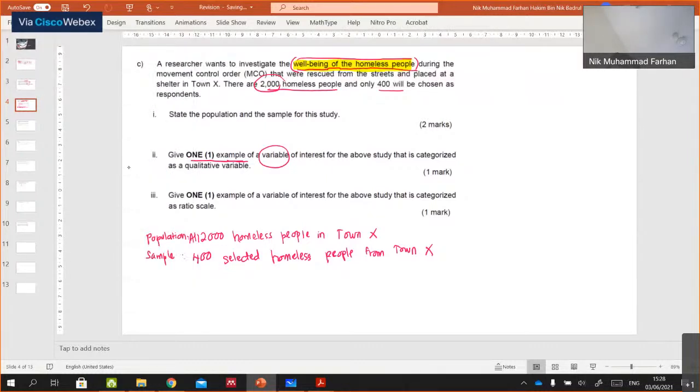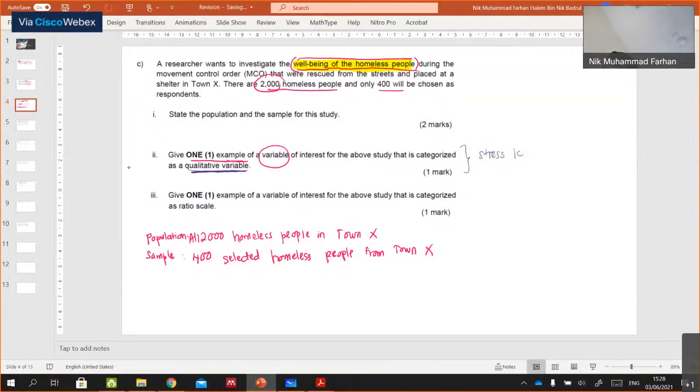Because the question asks you, that is categorized as a qualitative variable. So be careful, qualitative variable, well-being of the homeless people. So when we want to look at the well-being of these people, we can ask many things. But don't take weight, because weight is not qualitative here. Okay? So maybe you can ask about their, okay, these are homeless people rescued during the control order, so maybe you can ask about their stress level.